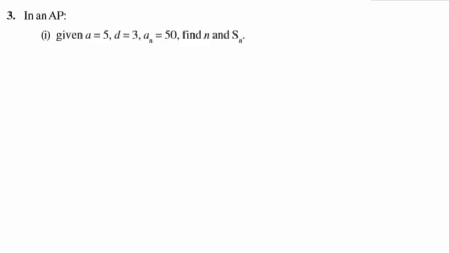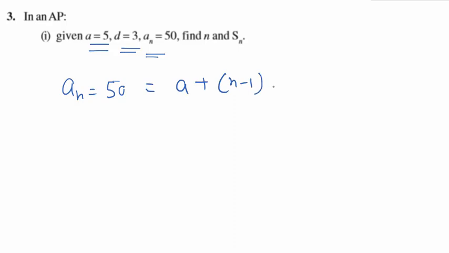Now the third question, and the first part of the third question is, in an AP given a, d, nth term, find n and Sn. This is the same question as we discussed in the second. We are given the nth term 50, and we will use the formula of nth term, that is a plus n minus 1 into D. Here a is 5, n minus 1, D is 3.